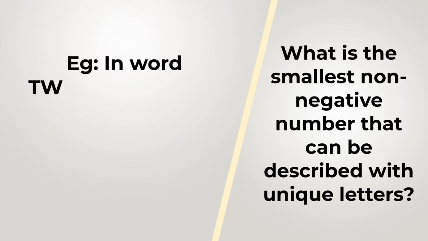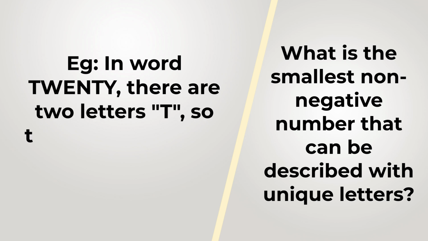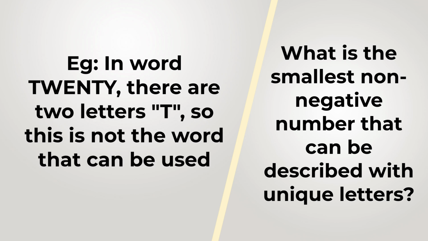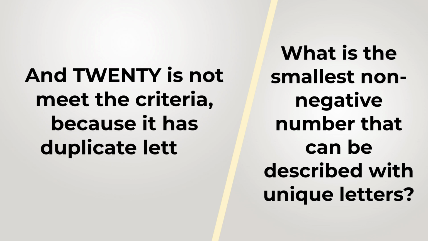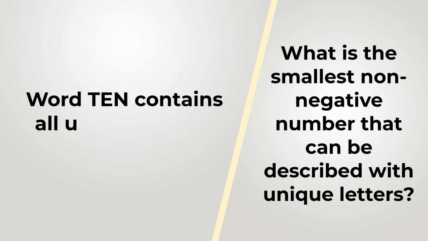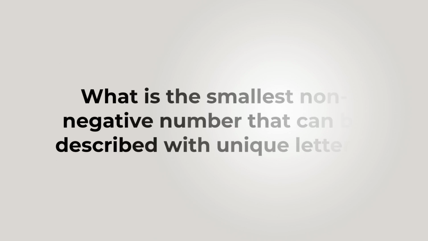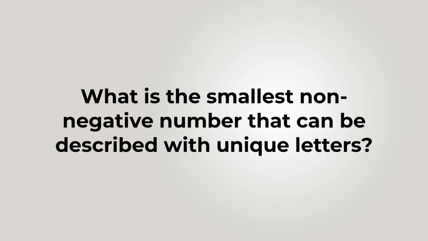For example, in the word twenty, there are 2 letters T, which means that 20 is not a word that meets the criteria because it has duplicate letters. On the other hand, the word ten contains all unique letters. So the question is, what is the smallest non-negative number that can be described with unique letters?